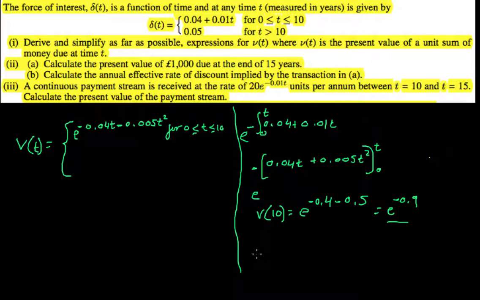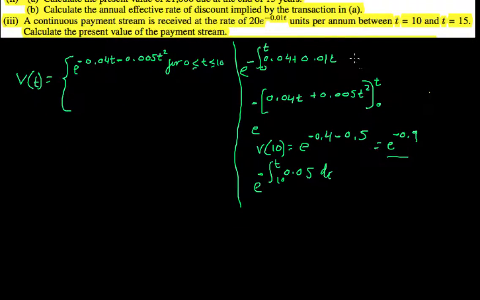And now we just have to find e to the negative integral between time 10 and time t of 0.05. We can say dt over there, which I didn't write on the other one, which doesn't really matter too much in this case. So over here, the integral of 0.05 is 0.05t, and that's still there. We have the negative on the outside, and that's between t and 10, and that's e to the power of it.